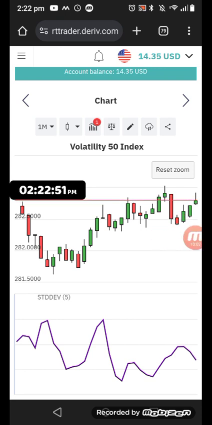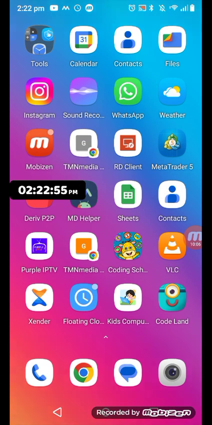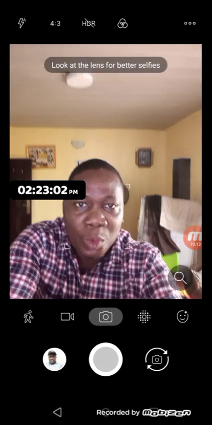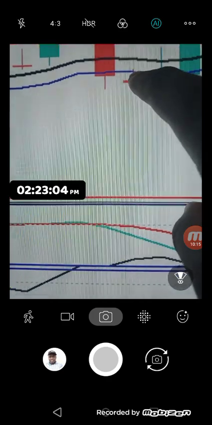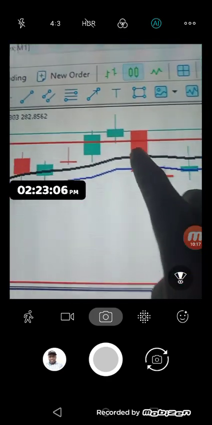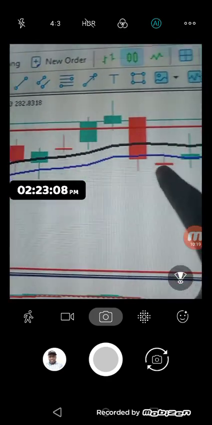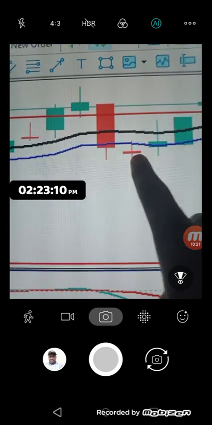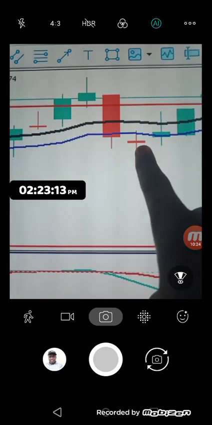Okay, the chart from TradingView. You see the chart from TradingView. This is the same chart. This guy here, this is the same chart here. Can you see how tiny it is here?